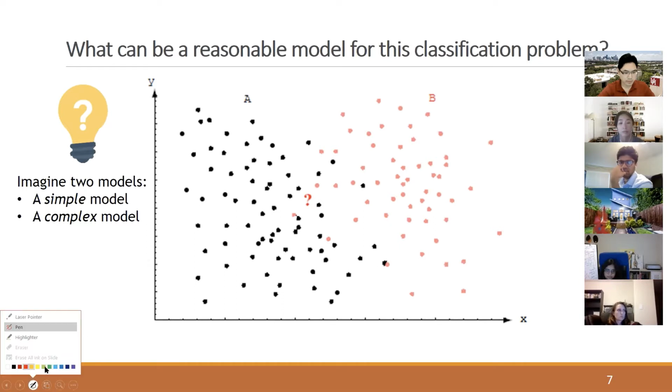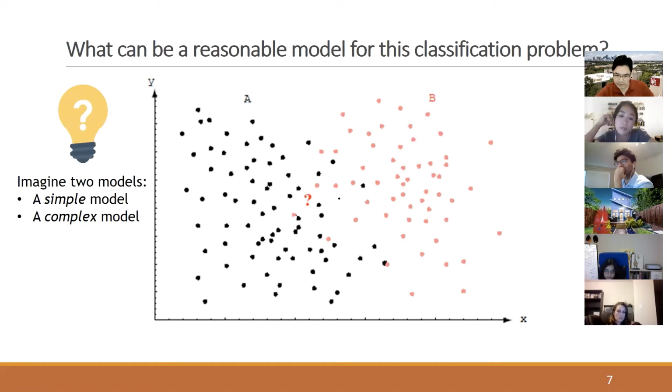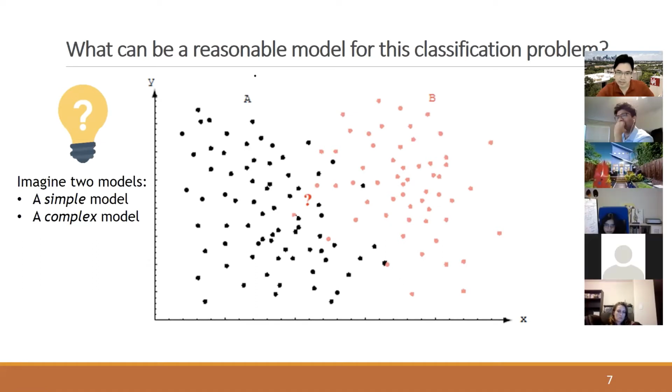Pen, red, like that. Green. Okay. Now, if it's a straight line, it looks like I can do this, but I need to somehow tilt it because the boundary here, the frontier, is kind of tilted. So let's do this.